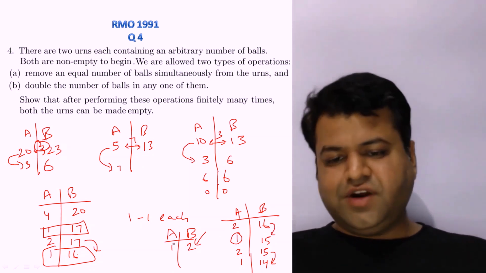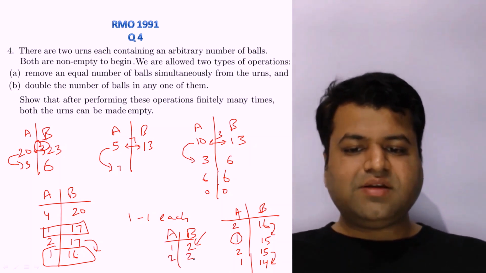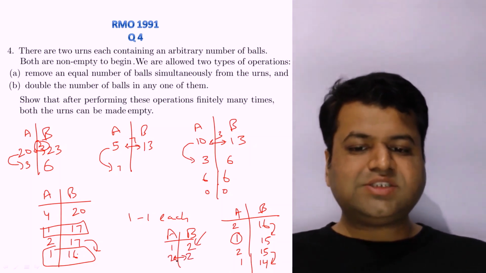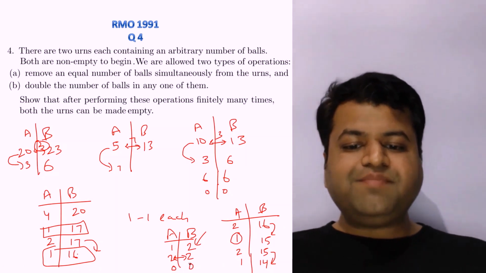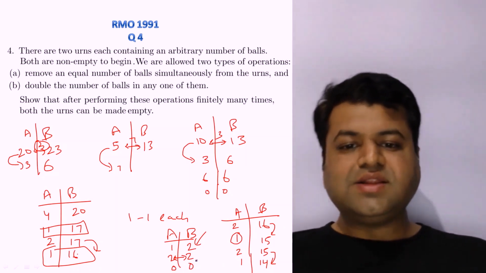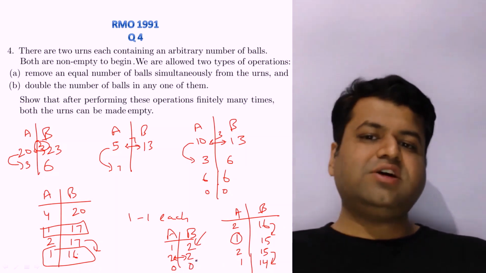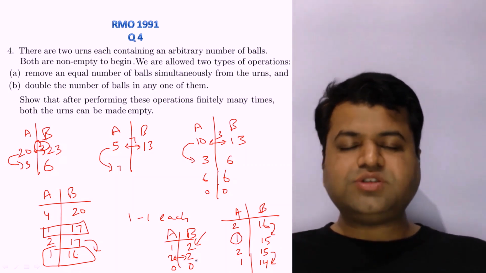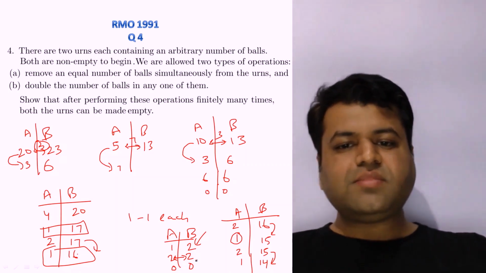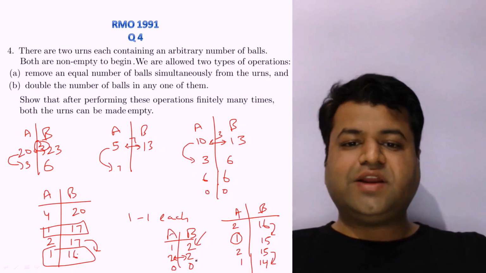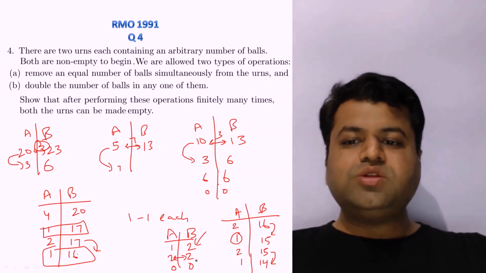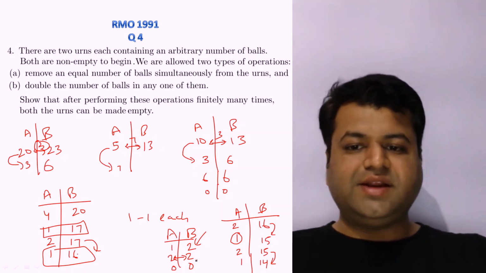So what I'll do now, I'll simply double it, and both these numbers are the same. I will remove them such that both contain 0, right? So this is another, entirely different approach, in which after some finite operations you can make both the urns empty, right?